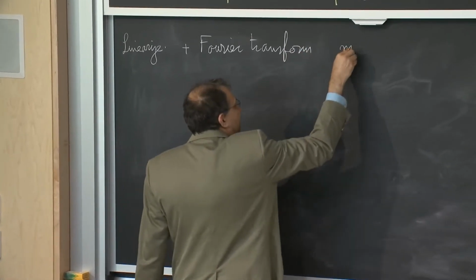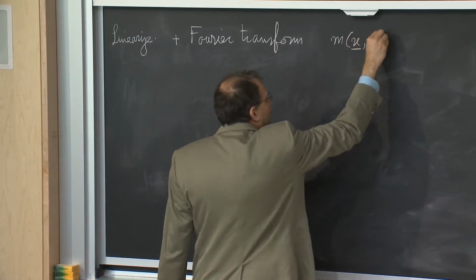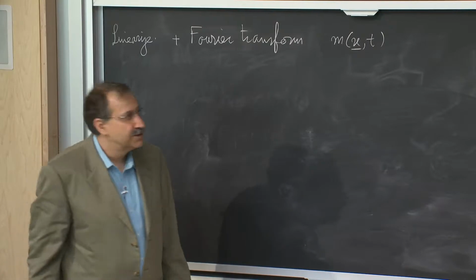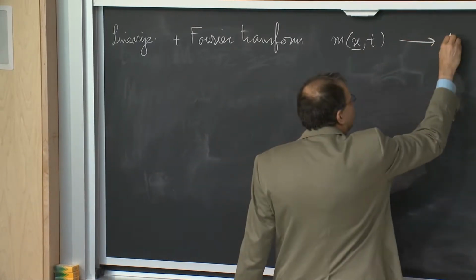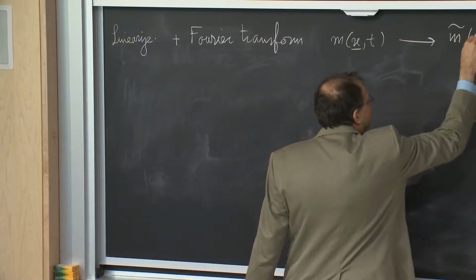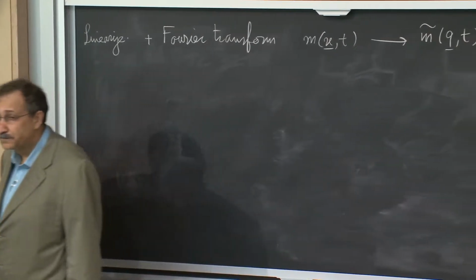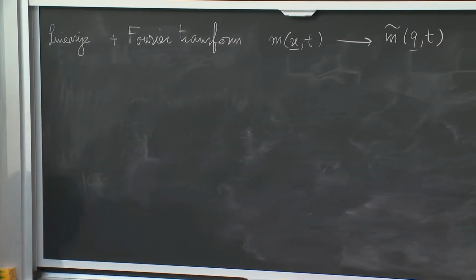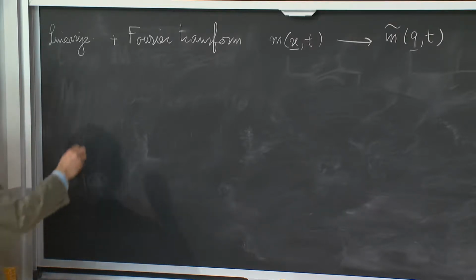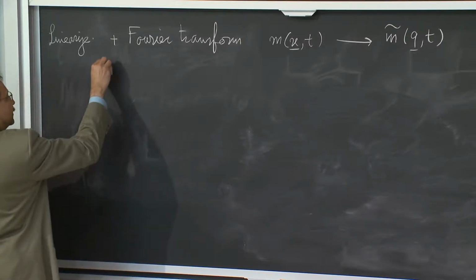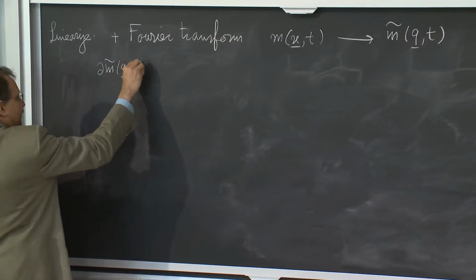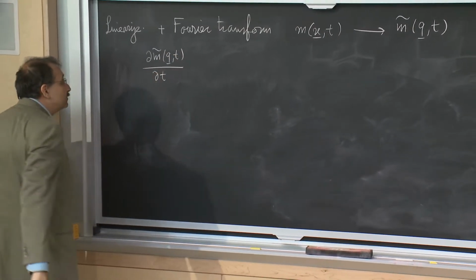So basically, I switch from a position representation to the Fourier transform, let's say, call it m tilde of q and t. X is replaced with q. And then the equation for the field m in linear form separates out into independent equations for the components that are characterized by q.